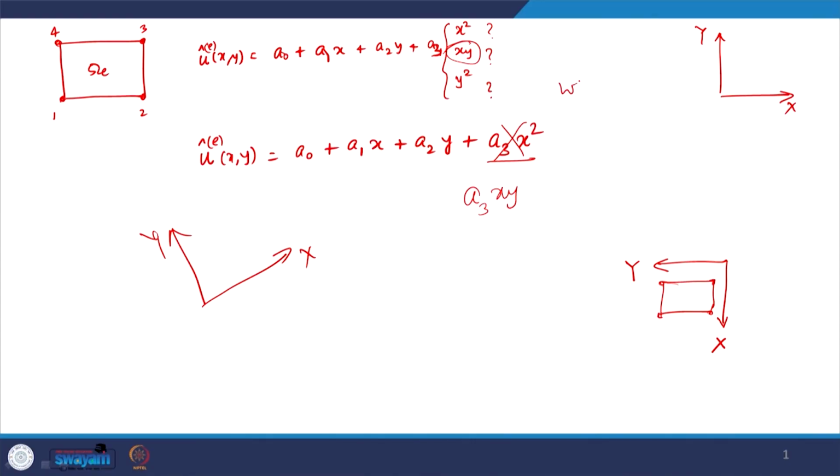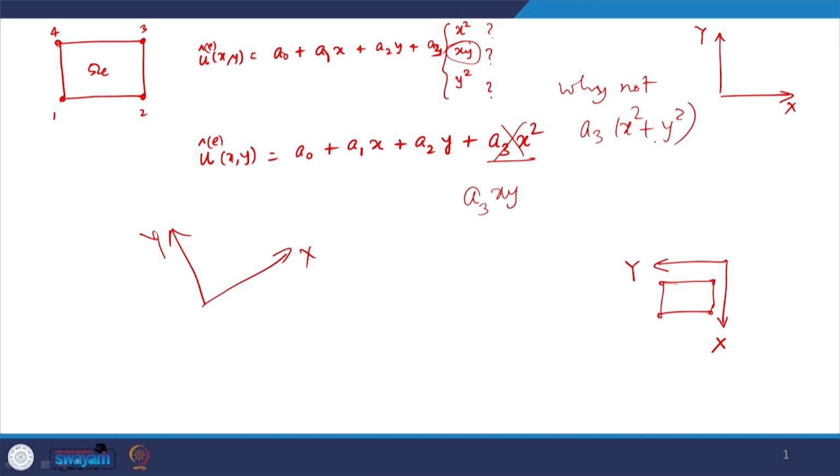Now, we may also say why not a 3 x square plus y square, this is also symmetric in x and y, is it not.